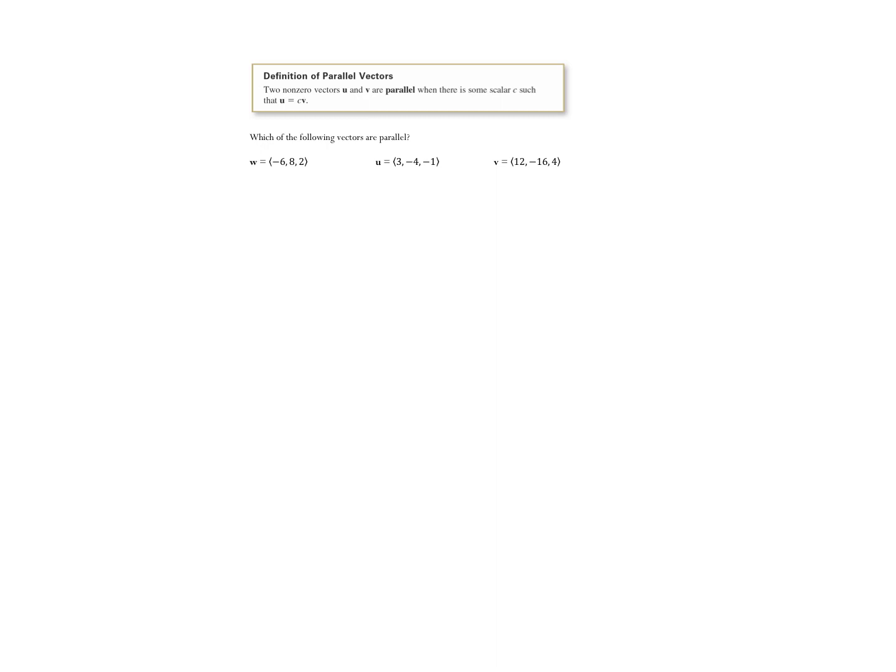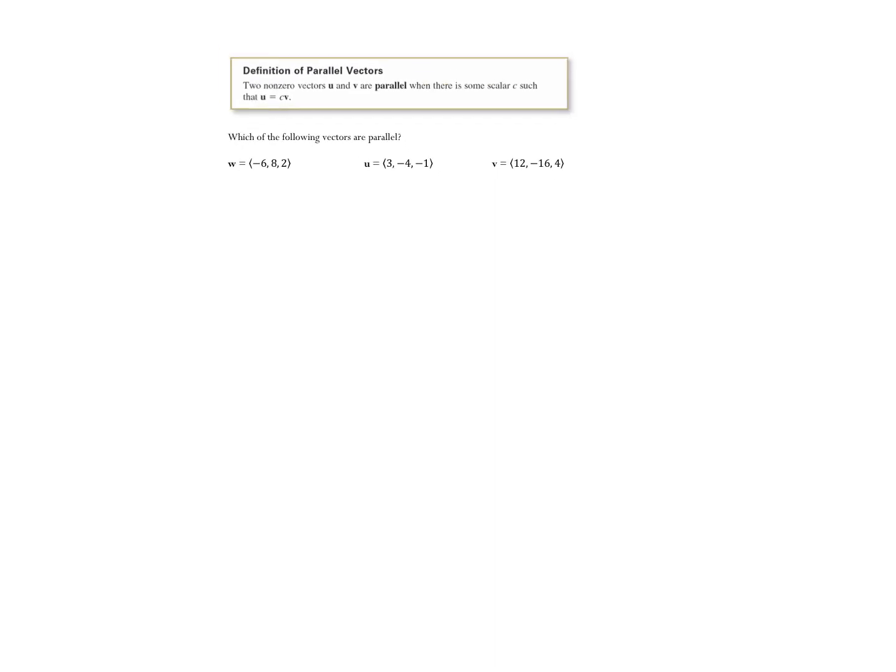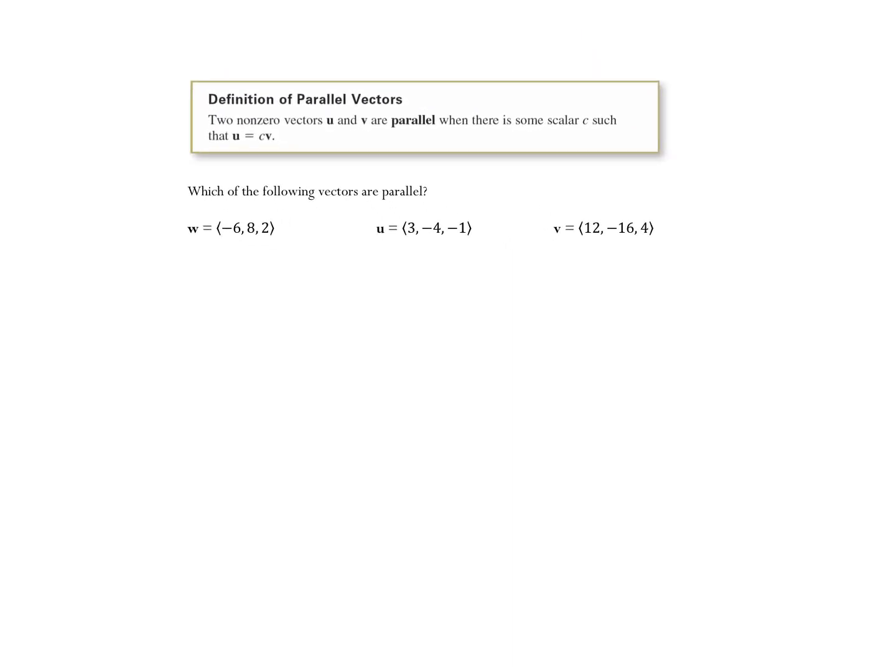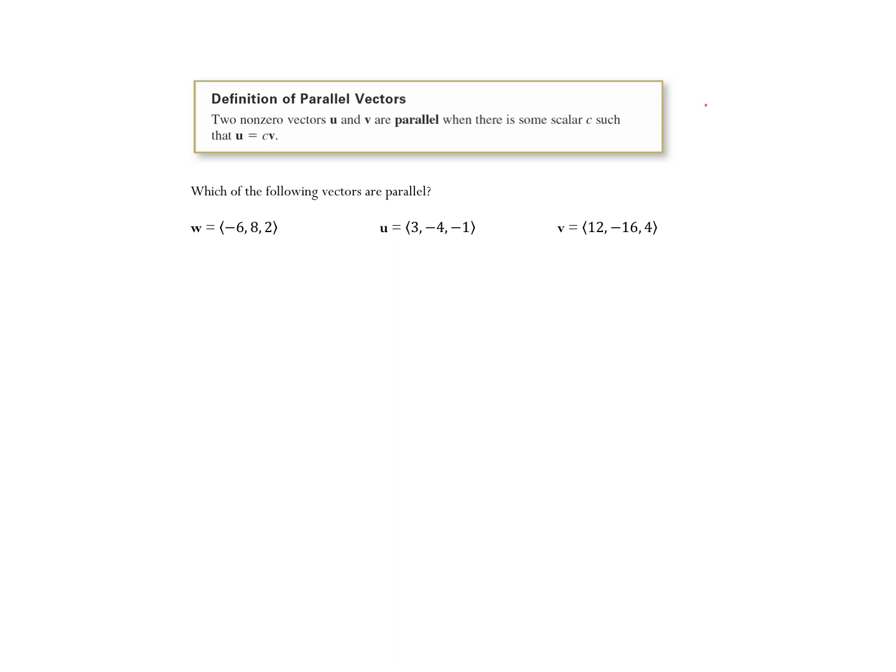Cool. Now, two vectors are considered to be parallel, like vector u is parallel to vector v, if I can take u and it's equal to some scalar number times v.